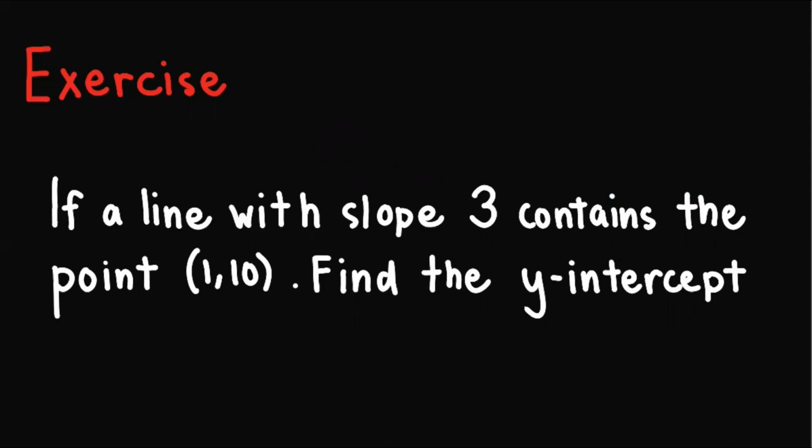So, it might seem crazy at first because we're dealing with points and slopes, but we need to find the y-intercept. But there are various ways on how you can solve this one. Whatever that method is, the first thing to do is to apply the point-slope form to obtain an equation.